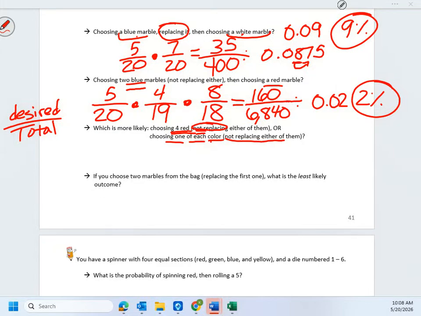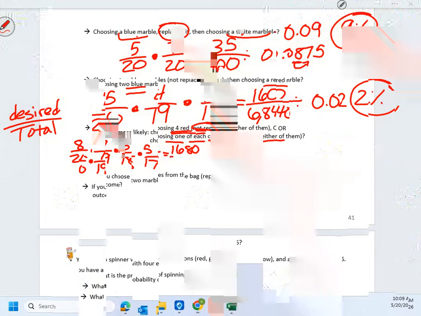Our first one is choosing 4 reds. So we have 8 reds out of 20. I don't replace it. So now I have 7 reds out of 19. Don't replace it, so I have 6 reds out of 18. Don't replace it, I have 5 reds out of 17. I multiply across, and I get 1,680 over 116,280.